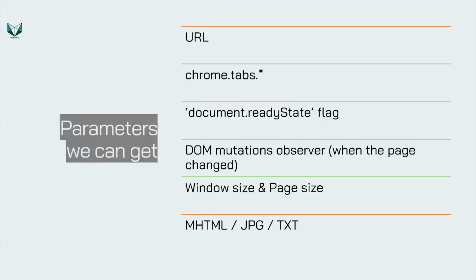We have a thing that's called the DOM mutation observer, which sounds like a horror movie, but really what it does is tell us when the page has changed, that is, when the DOM has changed. We get the window size and the page size, which you'll see later on is pretty important to us. And we get, like we said in the past, the HTML, JPEG, and the text.